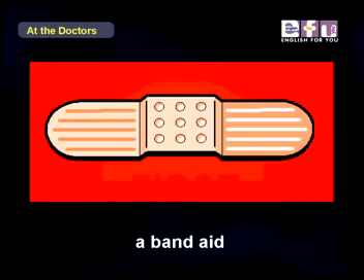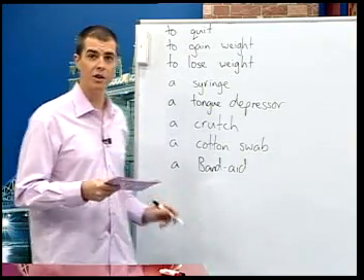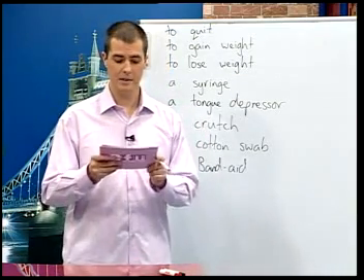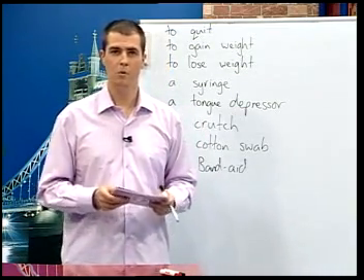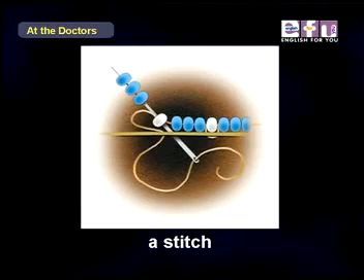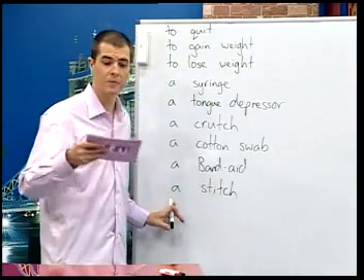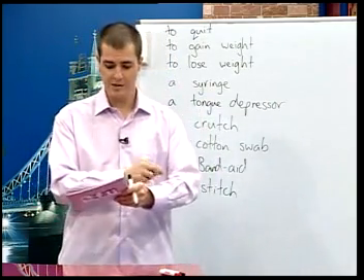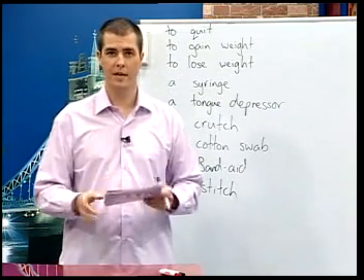A band-aid is a thin piece of material that is stuck to the skin to cover cuts and other small wounds. A stitch is a piece of thread that fastens the edges of a wound together.